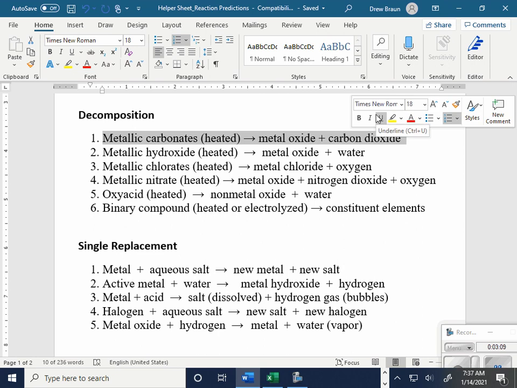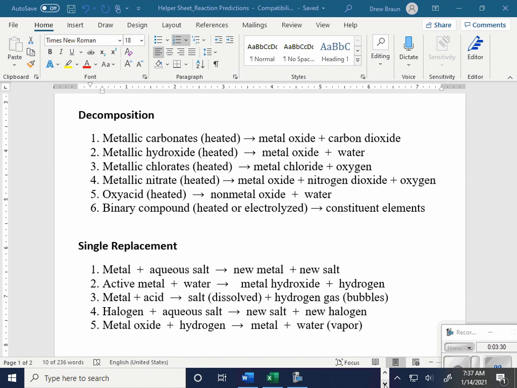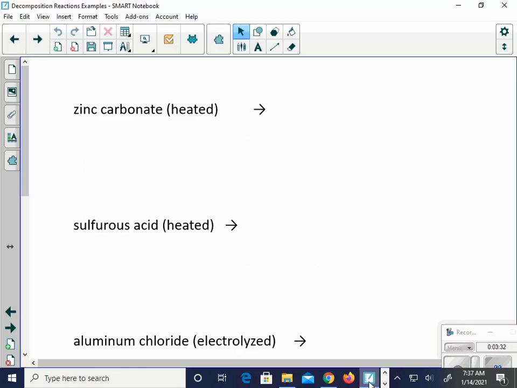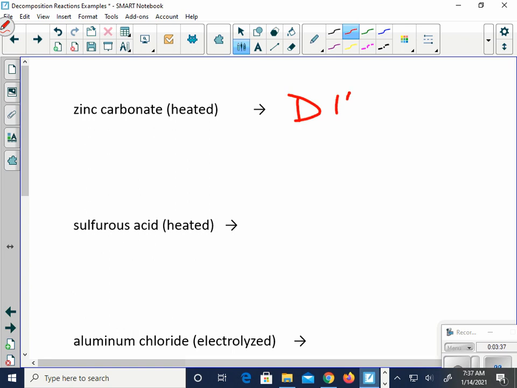So this is a decomposition number 1 reaction. It tells me that when I heat a metallic carbonate, I get a metallic oxide and carbon dioxide. So I said this is a decomposition number 1.